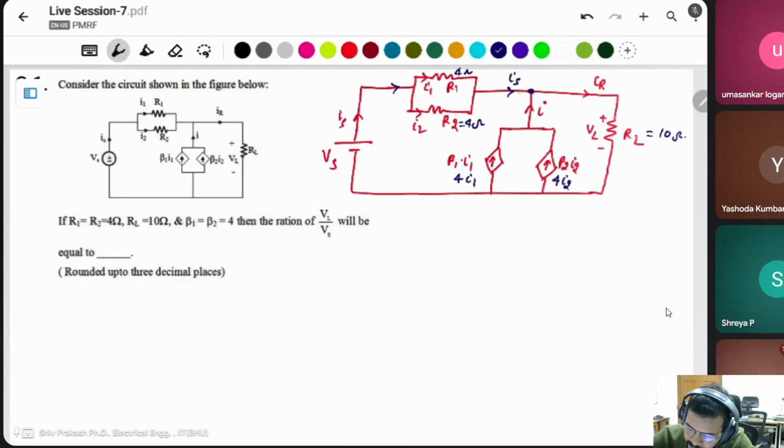You can apply KCL at this point, then you can say the sum of incoming current is equal to the outgoing current. It means IS plus I is equal to IR. We'll get the first equation. IS is the combination of I1 and I2, and I is a combination of two currents, 4 I1 and 4 I2.